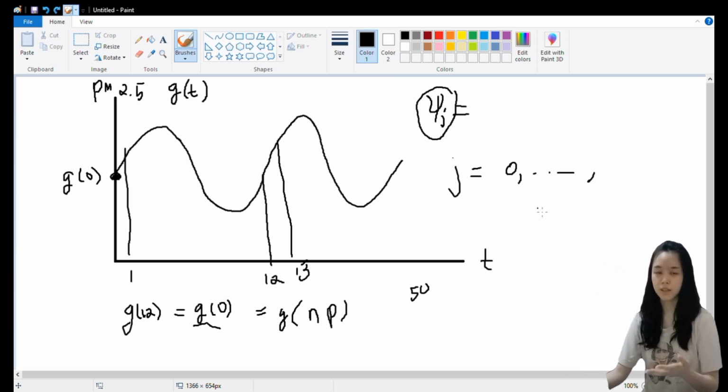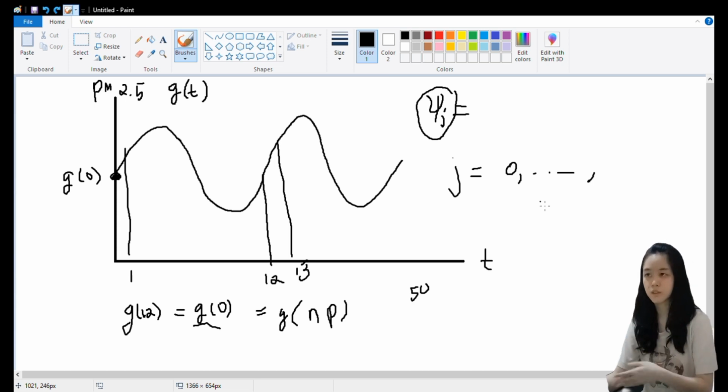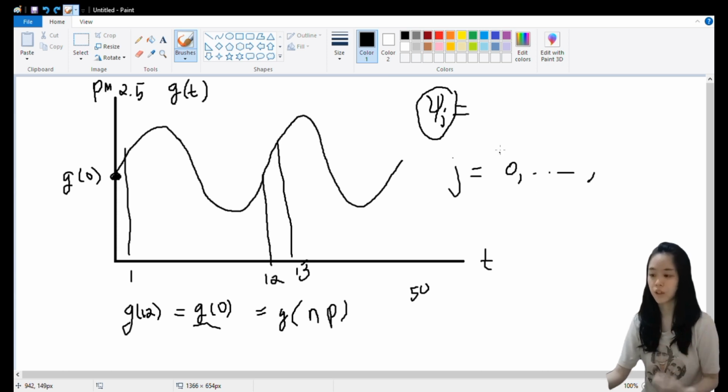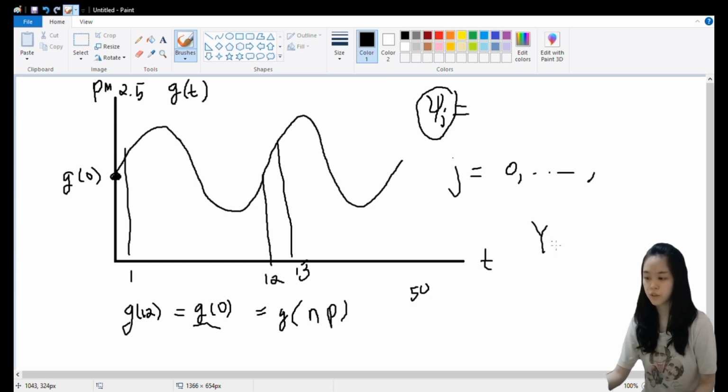So every time we ask ourselves what is the value of PM 2.5 at time t, at time 75, at time 34, we always need to look at the seasonal factor, right? So at the observational level, yt is modeled by a seasonal factor of j.